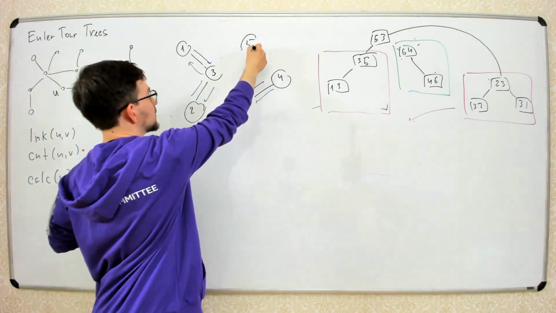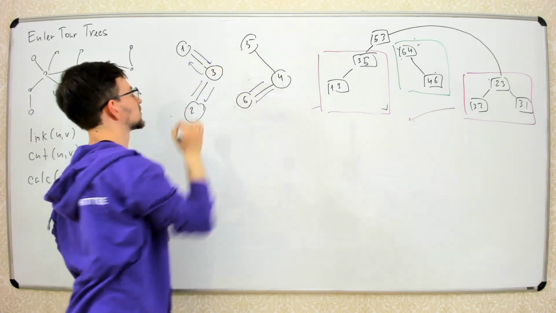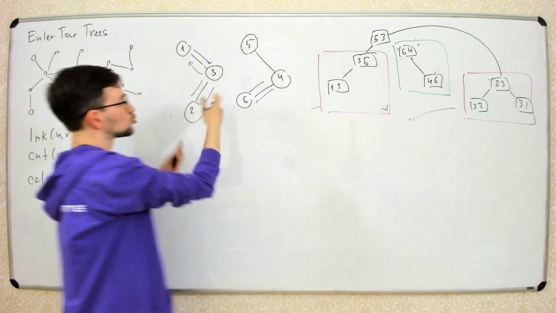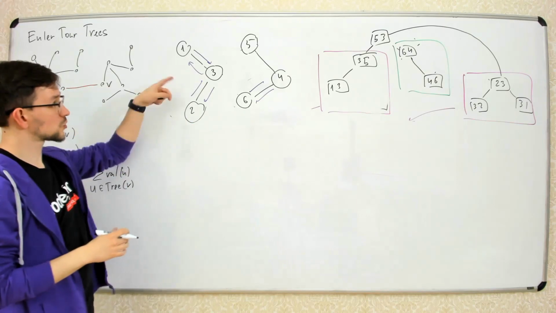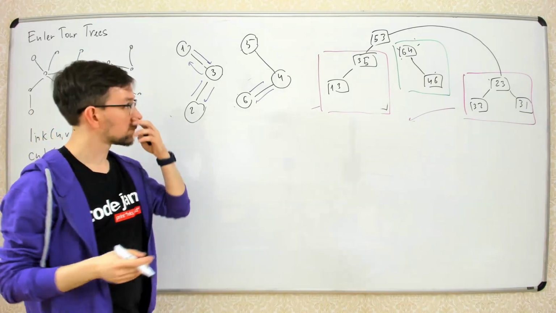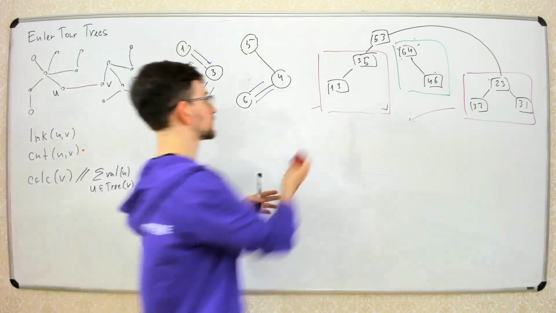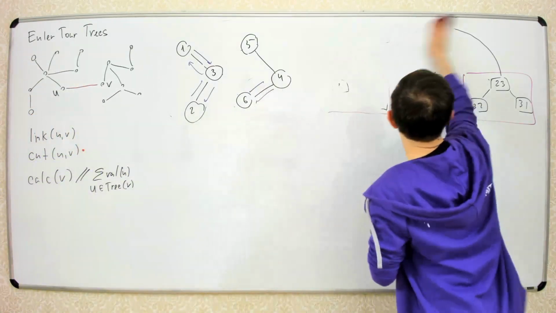Let's have something like this. Yeah, good enough. So we have two separate trees. For each tree, we will build the splay tree, which represents the Euler Tour of this tree.